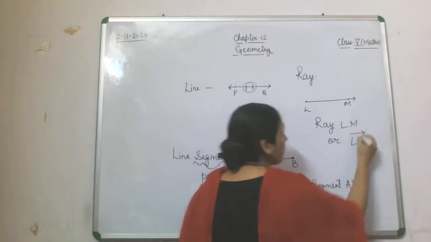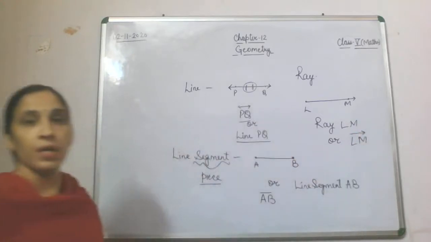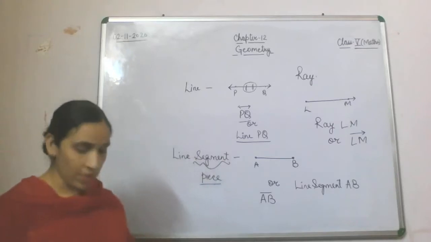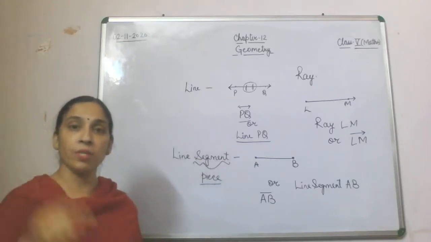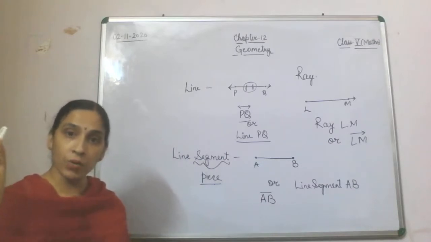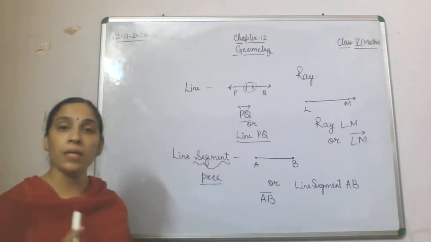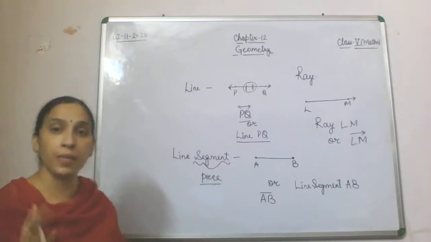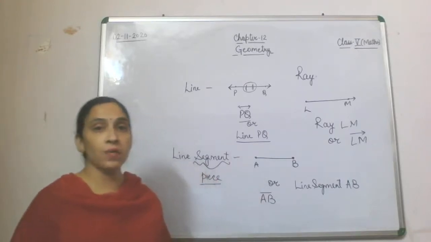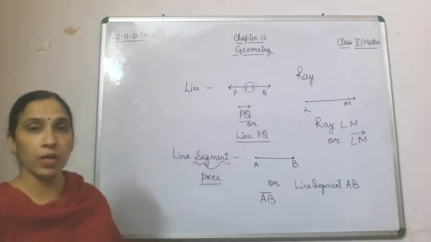LM and then this. Now ray you can understand from sun rays, from the rays of light, from the rays of a bulb. It has an origination point, but it does not have any ending point. So that is an example of ray. So this we did yesterday.